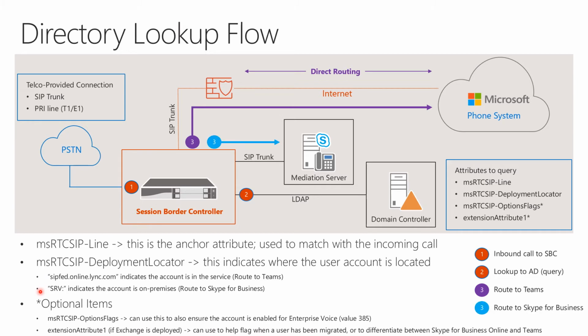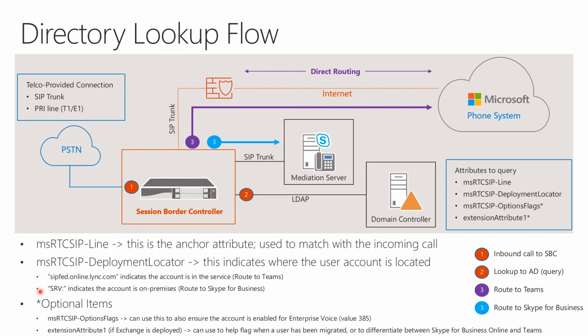Cool. Send that call over to Skype for Business. Boom. Now I don't even have to touch the SBC to make these routing changes. All I have to do is do the Move-CsUser, right? Because the Move-CsUser is going to change that deployment locator option for me, and pow, the SBC can now properly route the call up to Teams because I've moved the user to Teams.